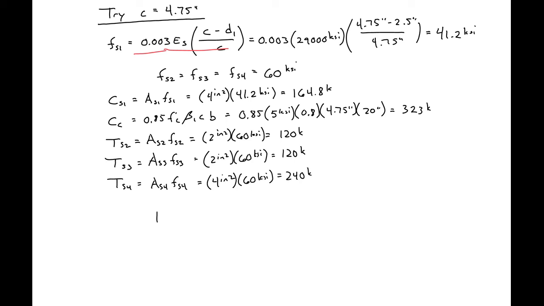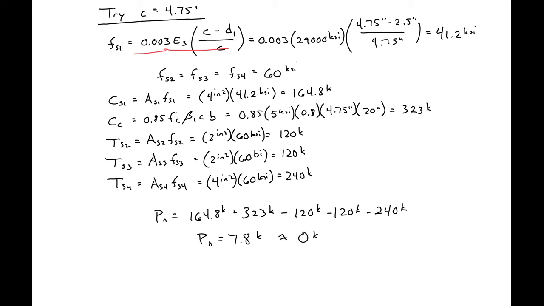So then we can find our P, and our Pn is going to be 164.8 plus 323 minus 120 minus 120 minus 240, and this will give us a Pn equal to 7.8 kips.